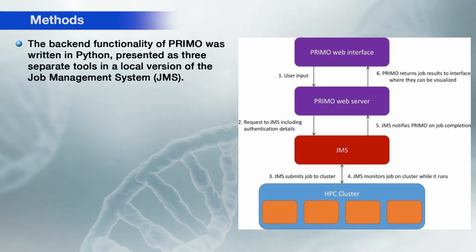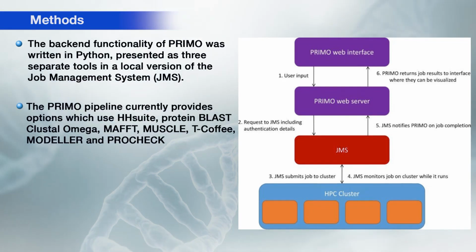The backend functionality of PRIMO is written in Python, presented as 3 separate tools in a local version of the job management system. The PRIMO pipeline currently provides options which are HSuite, as we can see over there, Protein BLAST, Clustal Omega, MAFFT, MUSCLE, T-Coffee, Modeler and ProCheck.